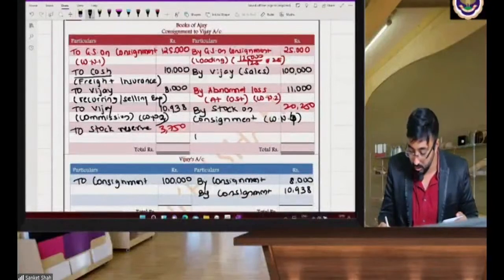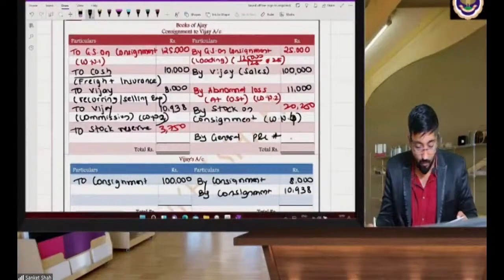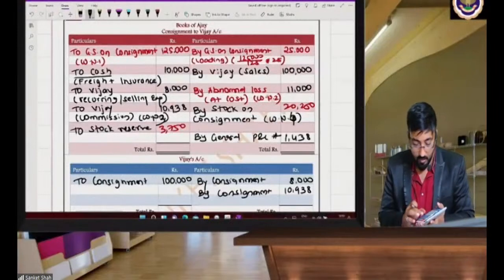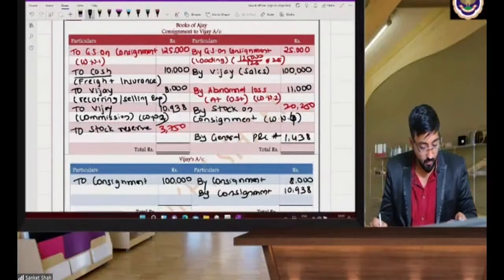So by loss, because negative figure, by general P&L, 1438. And what is the total? 1,25,000, 156,250 plus 1438, 157,688.